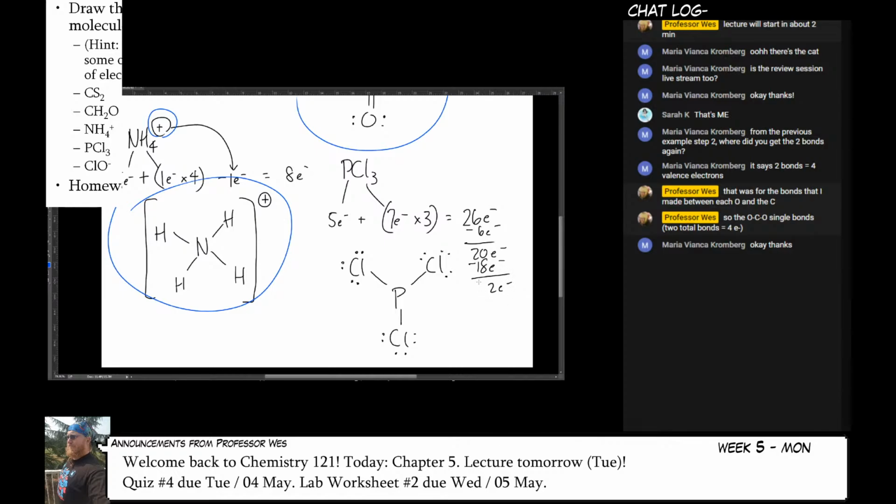Now in this case, I have leftover electrons for step 4, so I'm going to put them right on the central atom. And then once I've done that, there's no need for step 5 because everything has an octet, so we're all set here. Ta-da! Boom.